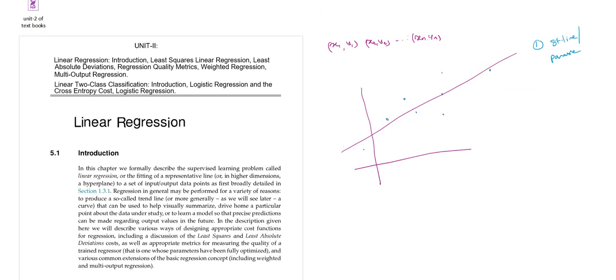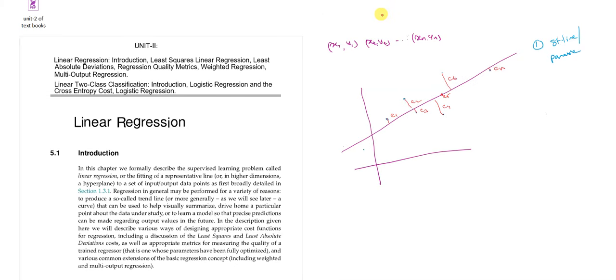Imagine this is the line which we require. Here what I'm checking is the distance from here to here. I'm identifying this distance exactly, and this distance is known as the error: e1, e2, e3, e4, e5, e6 and en.